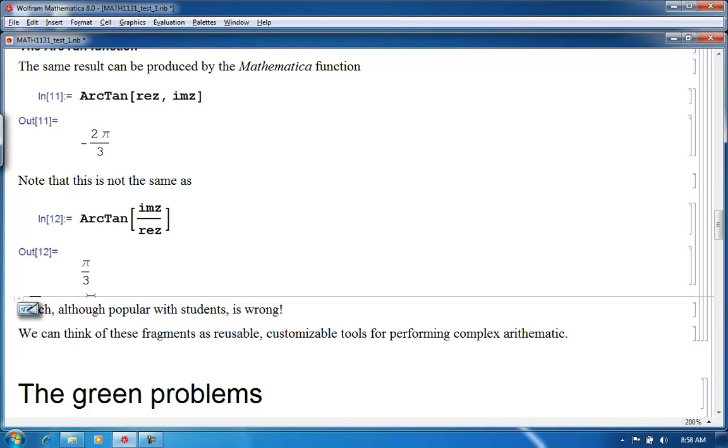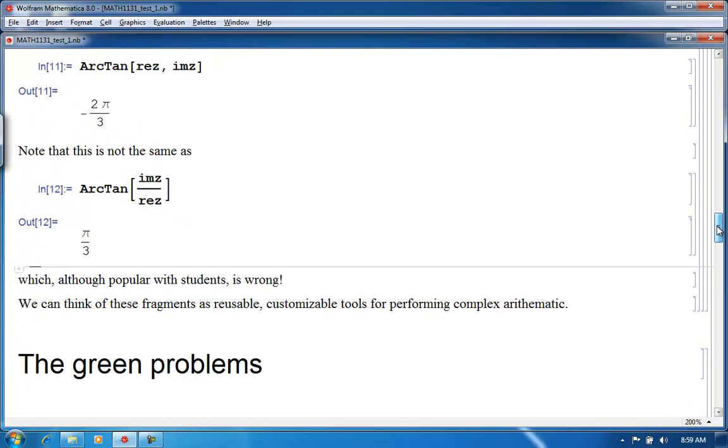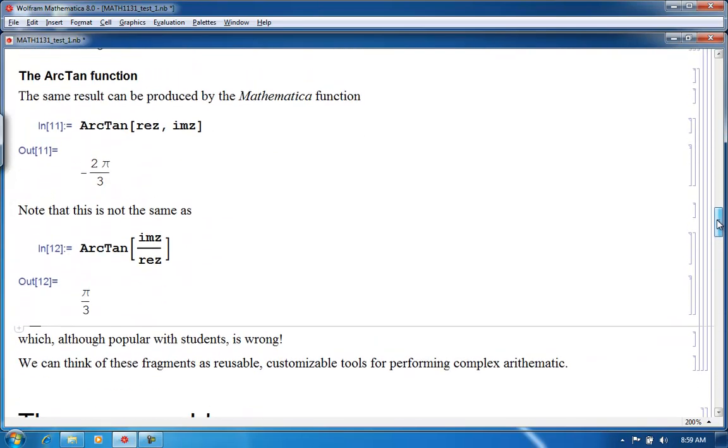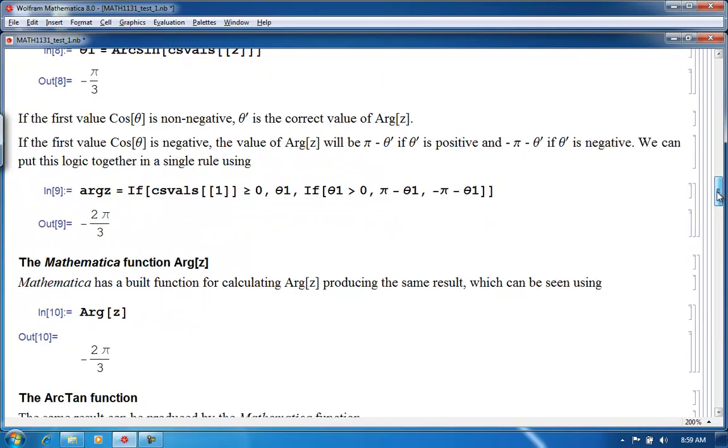Now this is very popular with students, but it's wrong, so don't use it. You've got to use something like this to get the whole story. But once I've made this tool, of course, I can repeat it. We can think of these fragments here as reusable, customizable tools.